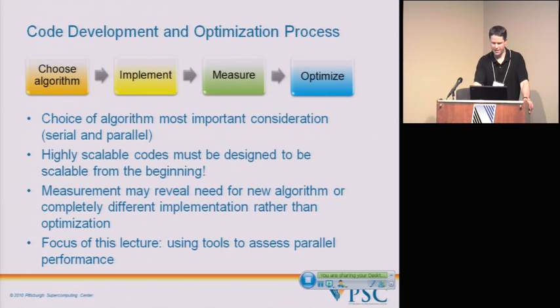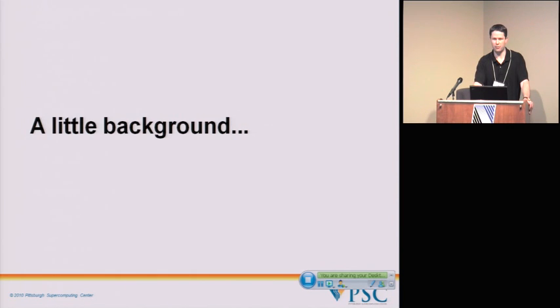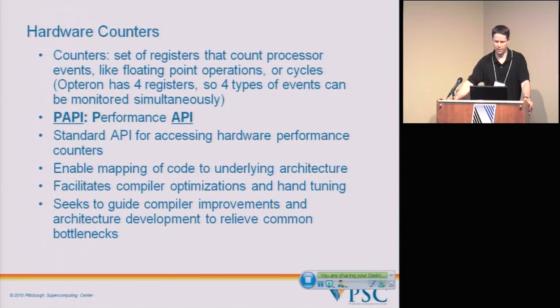Okay, with that introduction, we're going to give a little background on the terminology and some of the things we talk about when we talk about performance analysis. One of the things that comes up is hardware counters. So what are these things? Hardware counters are a set of registers on the processor that you're running on. These registers can count events that happen on the processor.